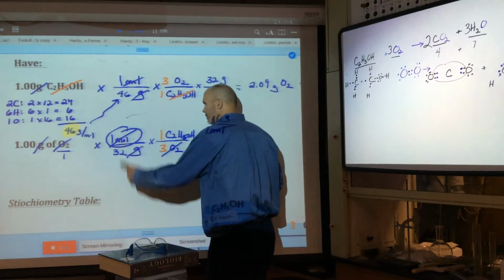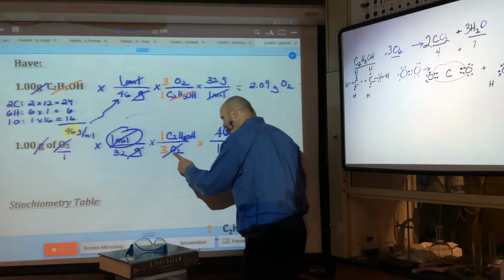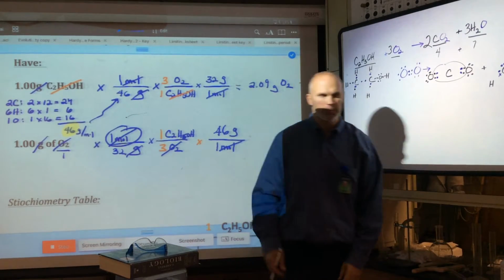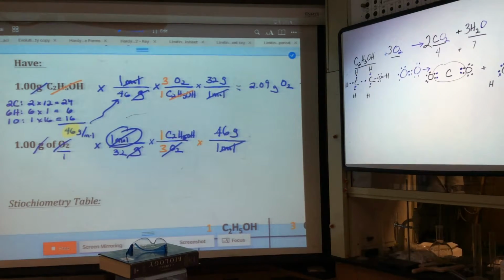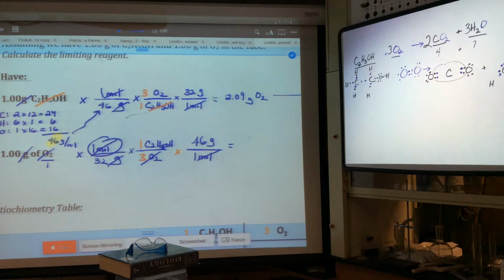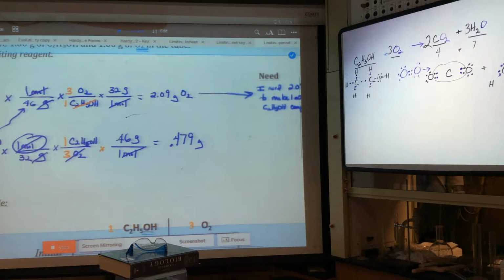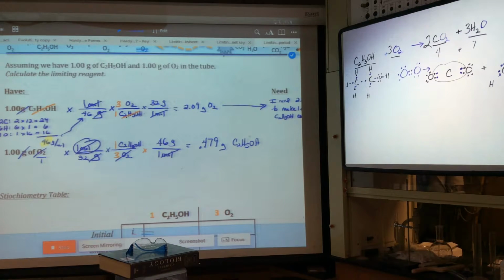1 divided by 32, divided by 3, times 46. Okay? You put this in your calculator, and you get approximately, guys, make sure I do this right, 0.479 grams of C2H5OH. And what does this mean?